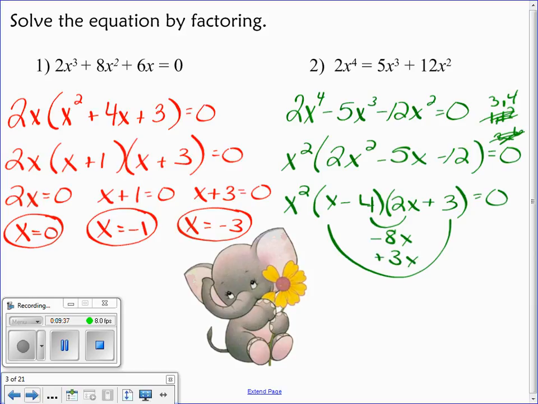I need this to be a negative 5x. If I had my signs flipped, it gave me a positive 5x. It's awkward looking, but no, it's not wrong.